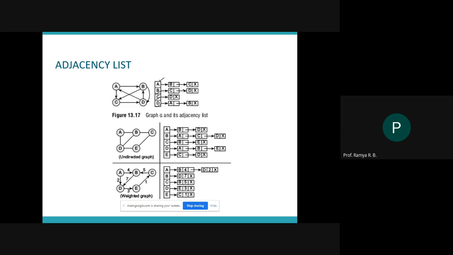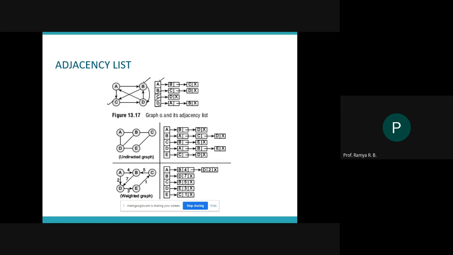What does that linked list contain? If you consider vertex A, it has a linked list associated with it which contains A's neighbors. Who are A's neighbors? B and C. So the linked list of A contains its neighbors B and C. It has only two neighbors, so the last node will have a null value.